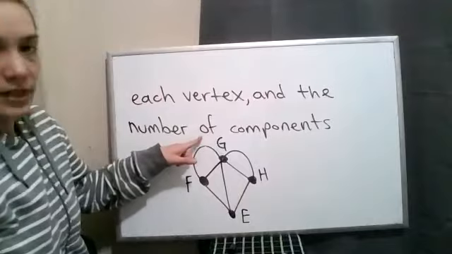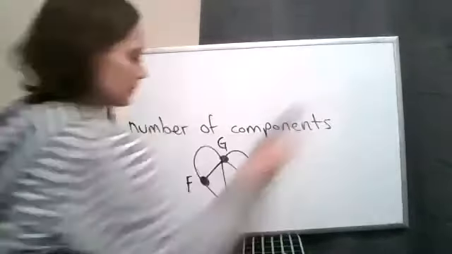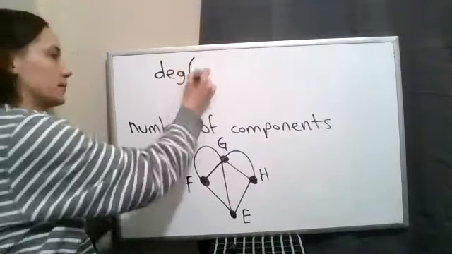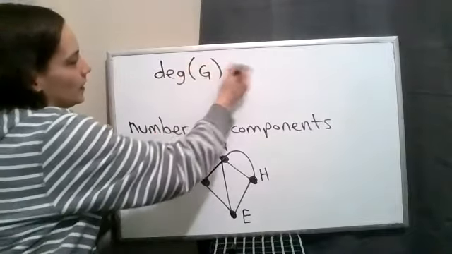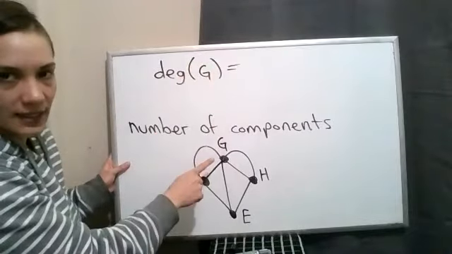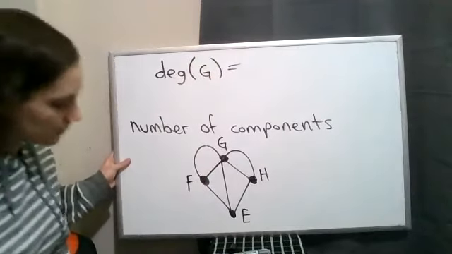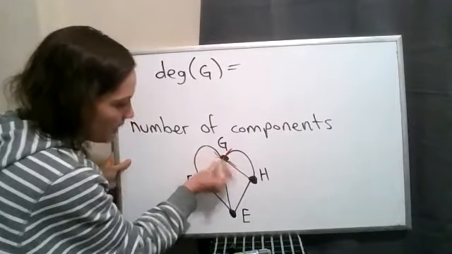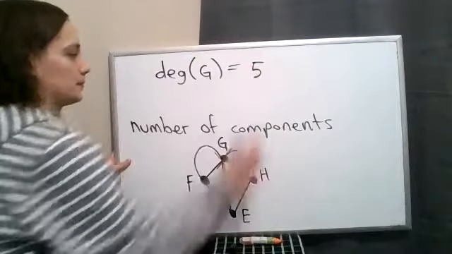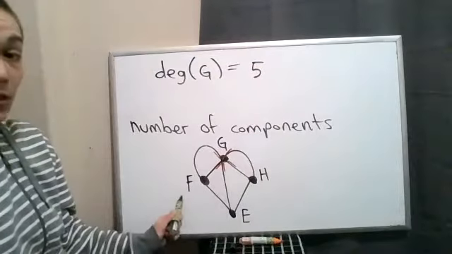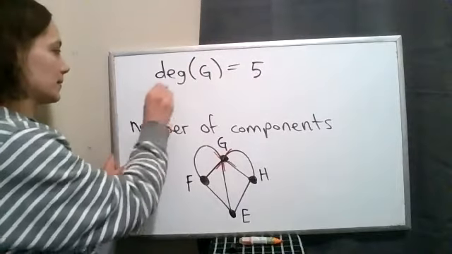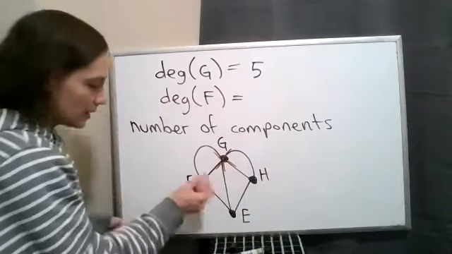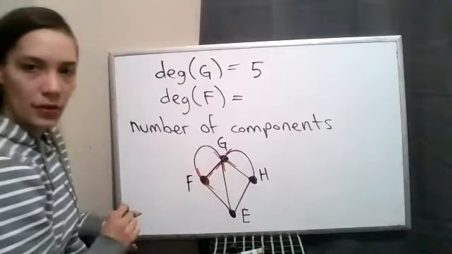So degree of G. The degree of G is the number of edges that connect to G. So we're going to shade that in. 1, 2, 3, 4, 5 connections. Let's get the degree of F. F has degree 3.